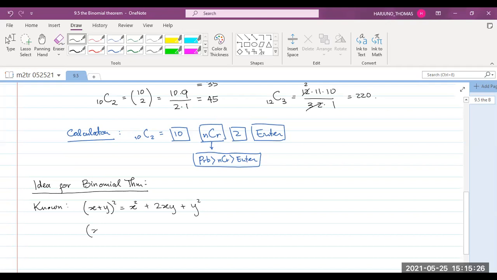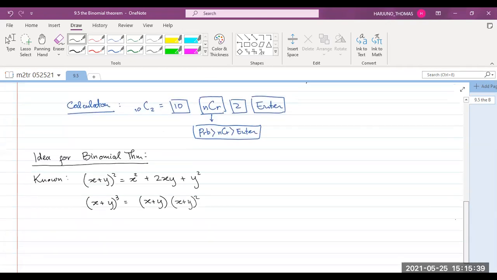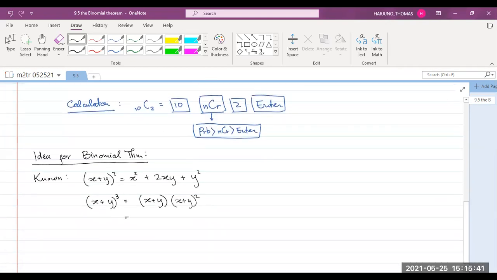For x plus y cubed, I don't know that one, but I can compute it myself: x plus y times x plus y squared. That is x plus y times x squared plus 2xy plus y squared.